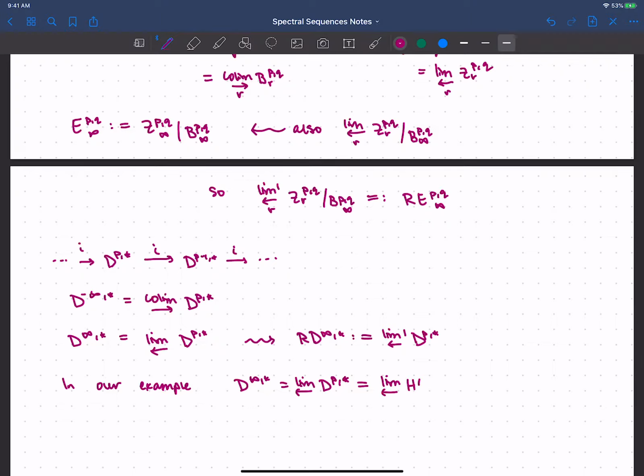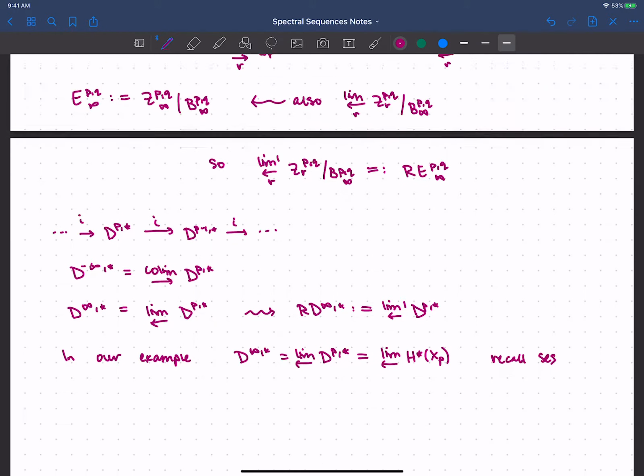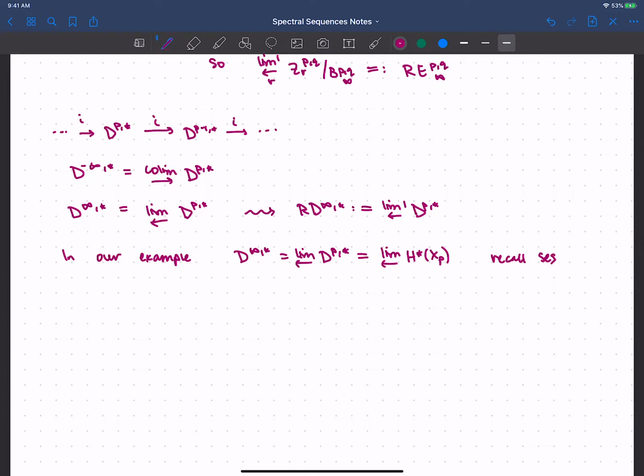So it's the inverse limit of the cohomology of X_p, right? And we take the inverse limit over p. So remember that we have this short exact sequence that has the inverse limit of the cohomology in it. So we had the cohomology of X surjects onto this inverse limit. This was due to Milnor. And then here we have this lim1 term.